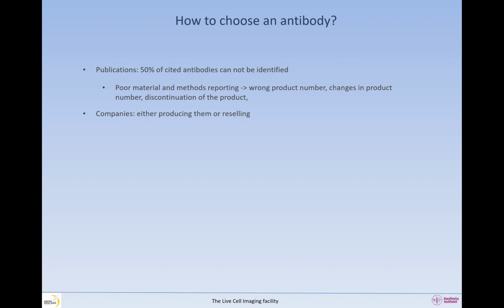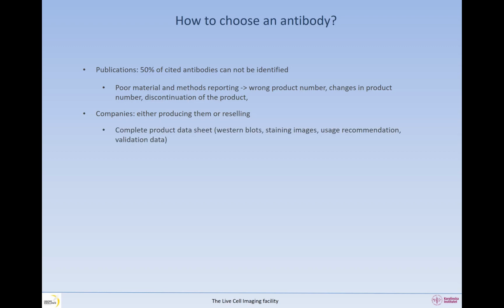Sometimes they even have a protocol, but fair enough if they don't. But nevertheless, some validation data. If you are missing information like a Western blot, it basically says that they didn't even look at the molecular weight of this antibody. If you're missing an image, you should ask yourself, did they actually try it for what you want to use it for?